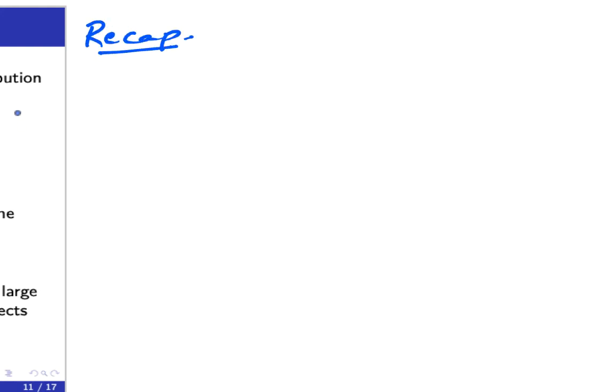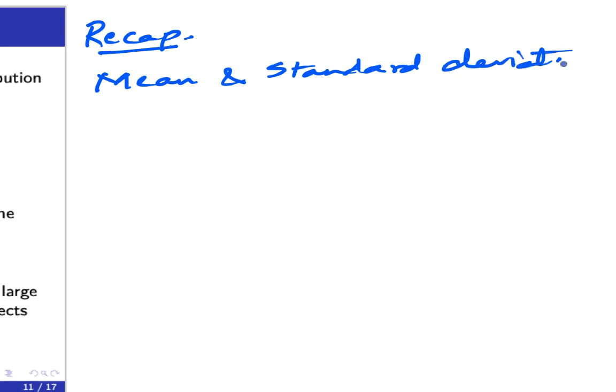Now remember, we have talked about mean and standard deviation of a data set. This data set can be a sample or it can be the whole population. We had one data set, say, representing all the heights of the students or the grades of the students, or the number of days walking is done by a student.